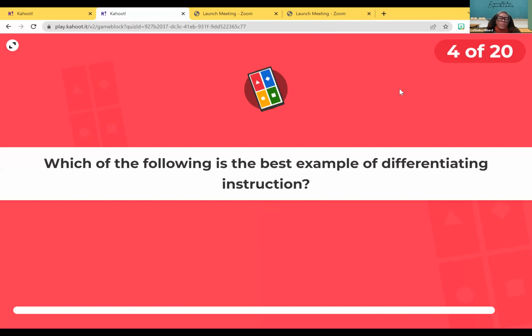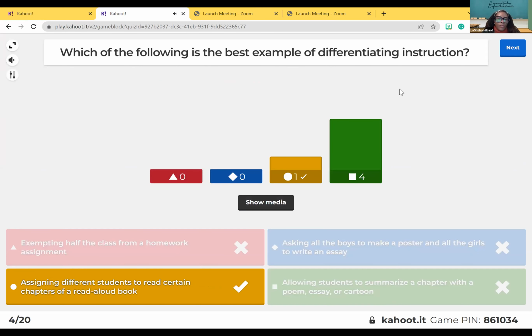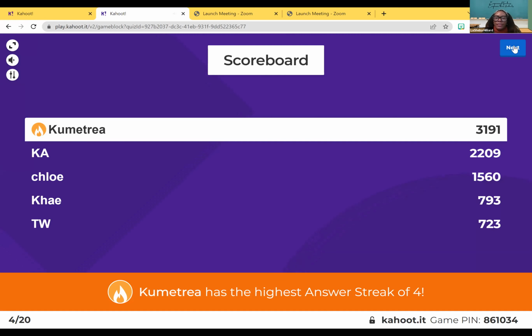All right, so which one is the best example of differentiating instruction? Those under your planning component. Right, assigning students to certain parts of the chapter book for a read aloud, that is differentiating instruction.